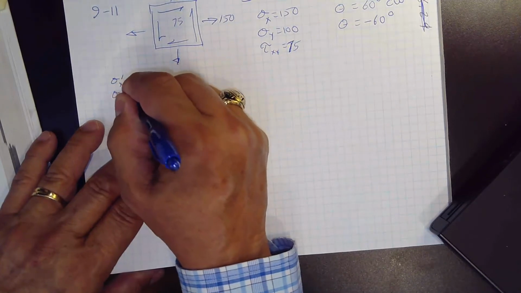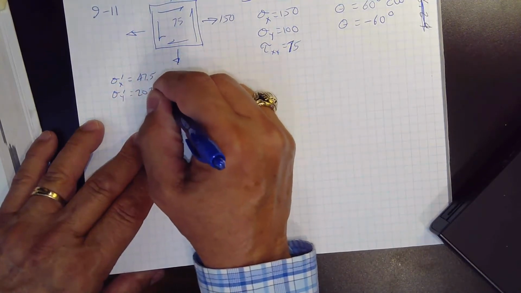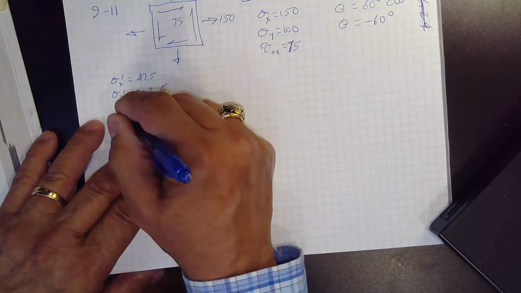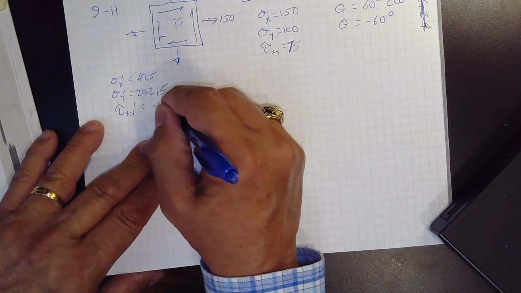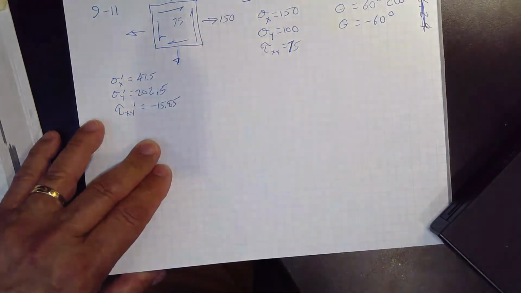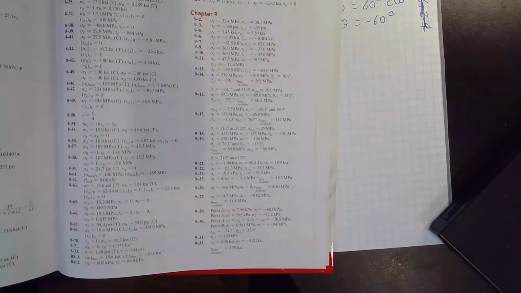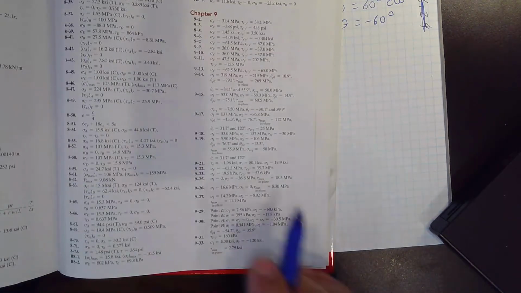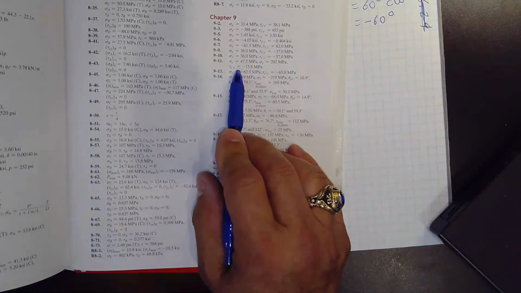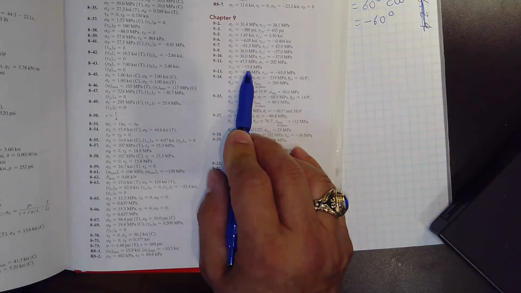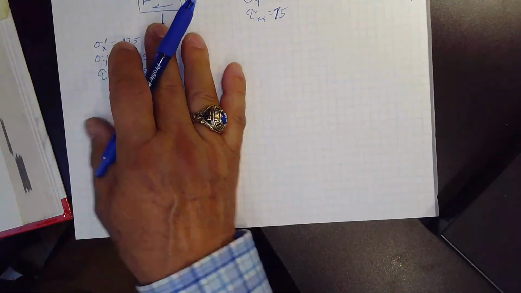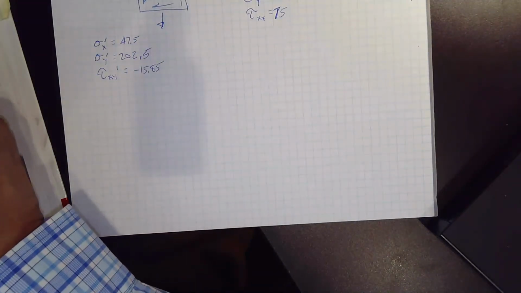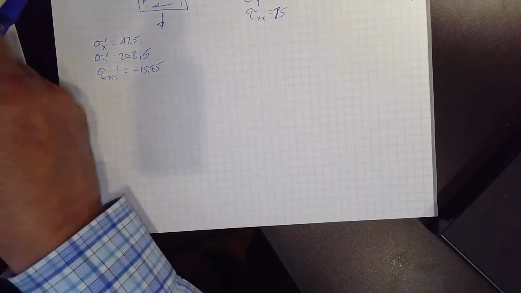Sigma y prime is 202.5, and tau xy prime is negative 15.85. And in the back of the book, we also have the answers, and there they are, the same answers. So we're on the right track. But let's see how we did that mathematically, as opposed to just letting Excel do all the work for us. Now we know that the spreadsheet works.